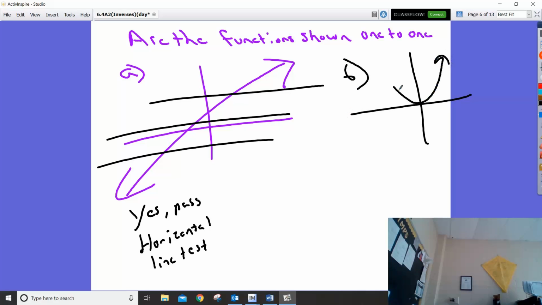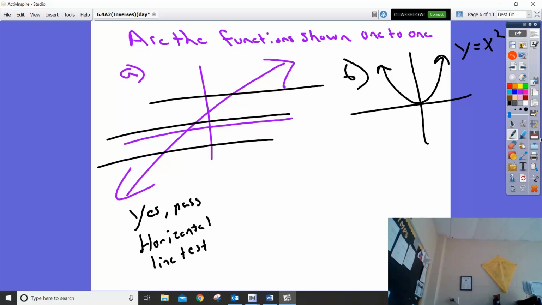Do something simple. It's like y equals x squared, which is a function by definition. But is it 1-to-1? No, because it fails the horizontal line test.